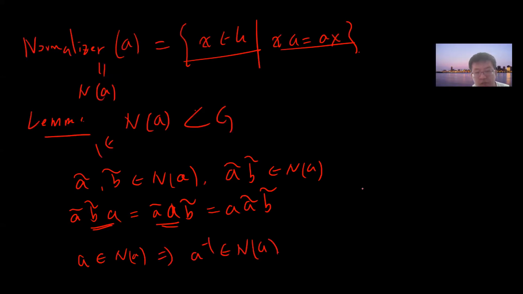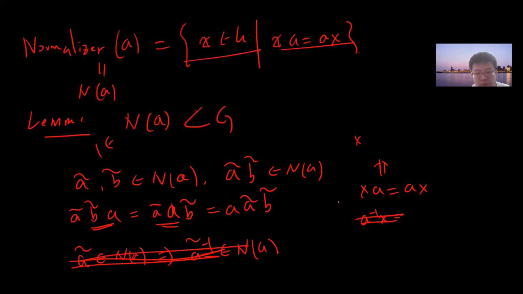The reason is that if A X equals X A, then you get A inverse X equals X A inverse. Maybe I use X. So I have this, and I take an inverse, so you get A inverse X inverse equals X inverse A inverse.